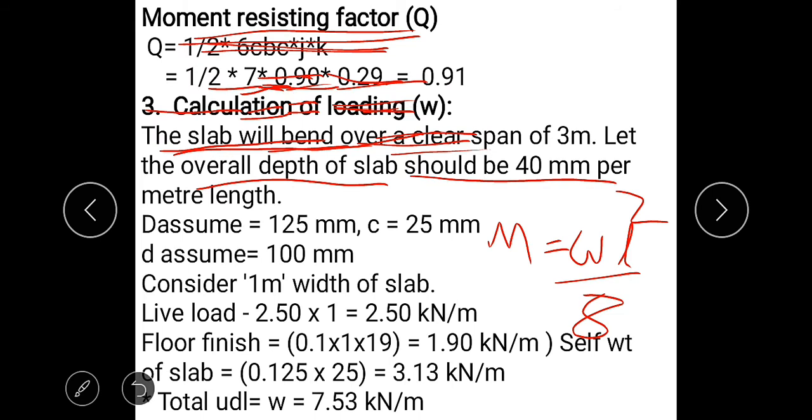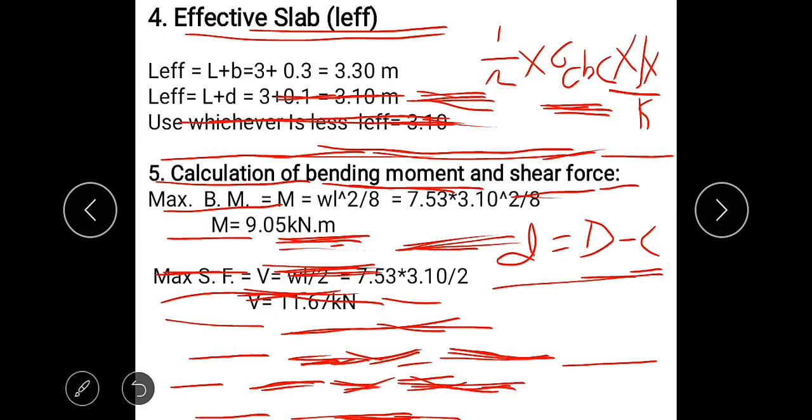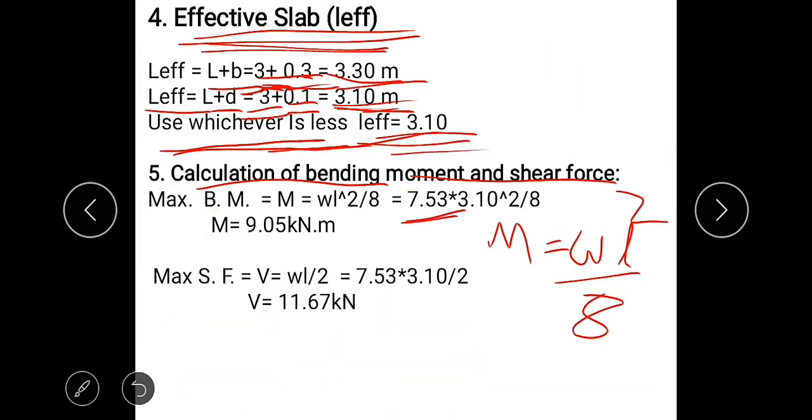In the third step we calculated W, that is 7.53 kilonewton per meter. L effective, in the fourth step we calculated the effective span length as 3.10. Here 3.10 square divided by 8. So moment is 9.05 kilonewton meter.